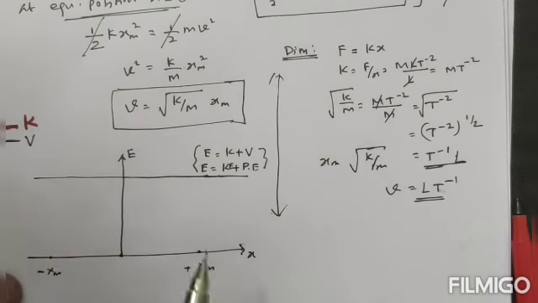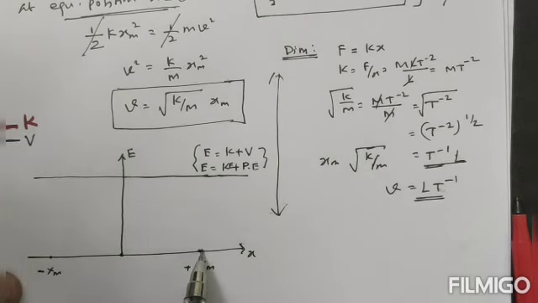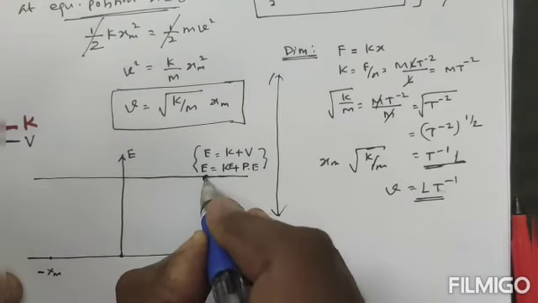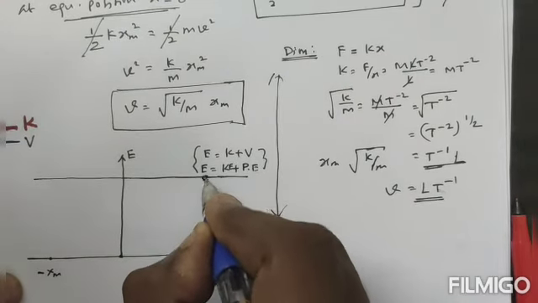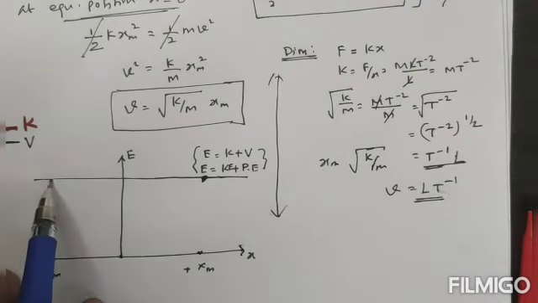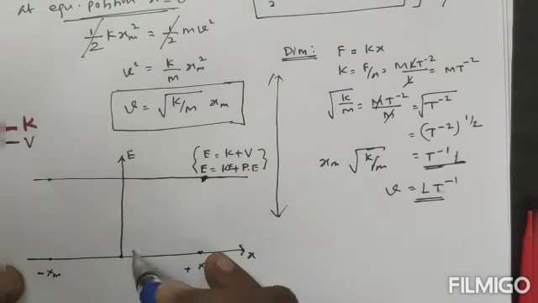Now in the extreme position, potential energy is maximum. So here the potential energy, blue color, is at a maximum point. Like that, in the left side extreme position also potential energy is maximum. So I can draw the graph like this.